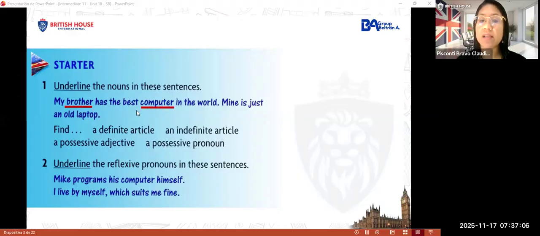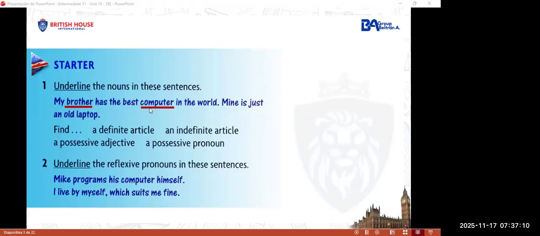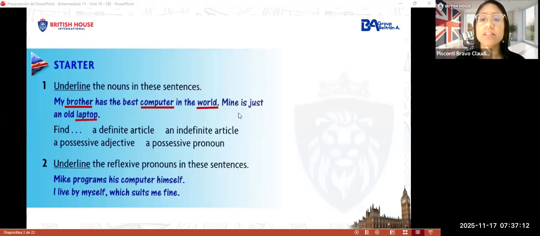Computer, yes, very well. World and laptop, these are nouns. Gustavo, excellent. Well done. So in this statement, the nouns are brother, who's a person, and computer, world, and laptop, which are things.